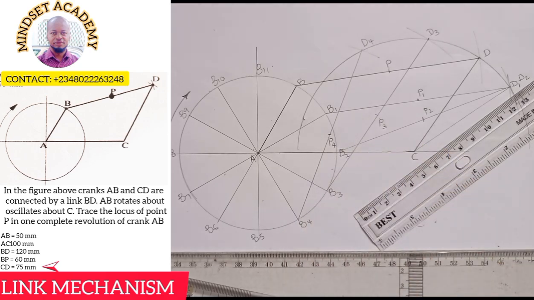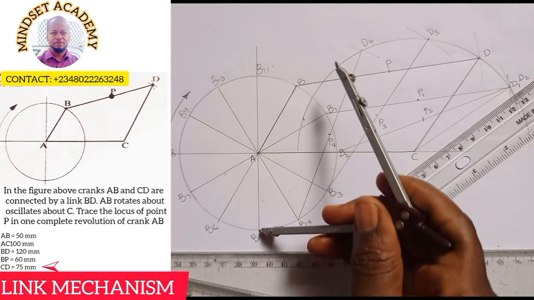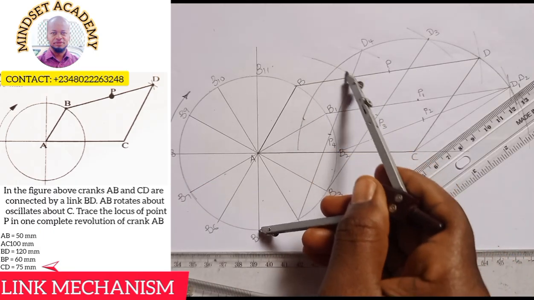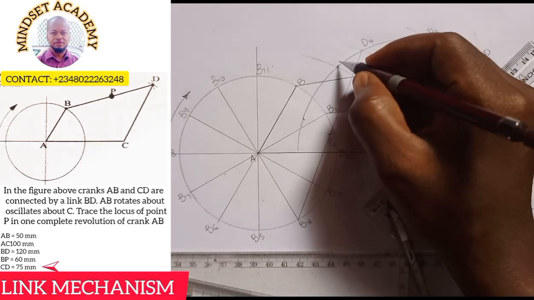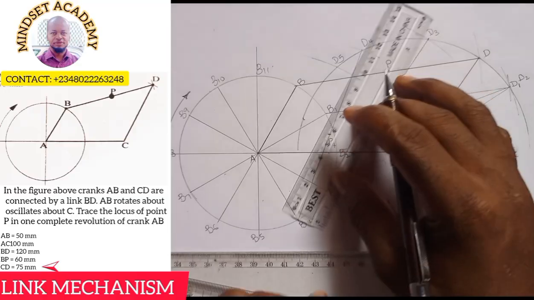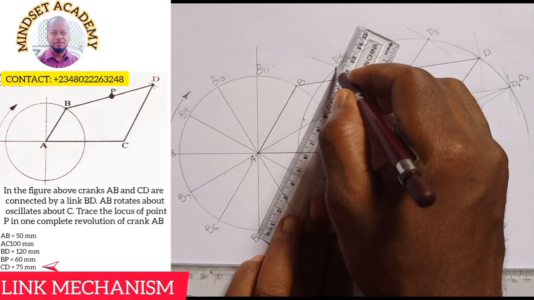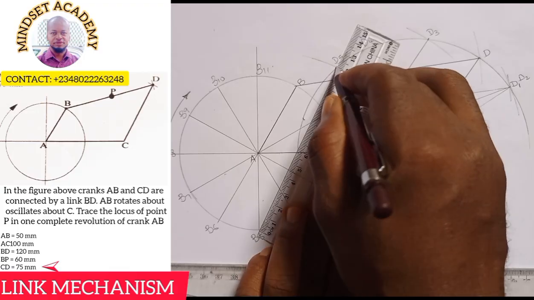Again, I'll move from B5, strike another arc here, and that will give me my D5. So I'll connect from D5 this way.